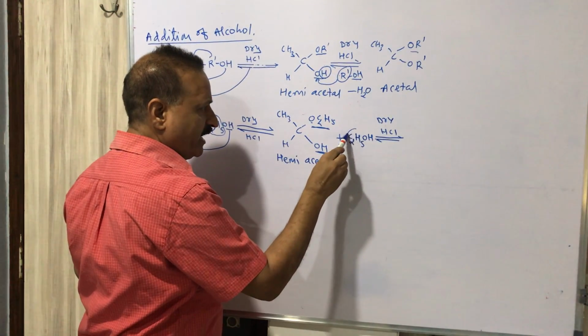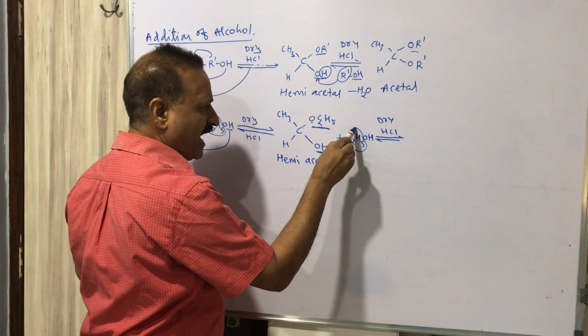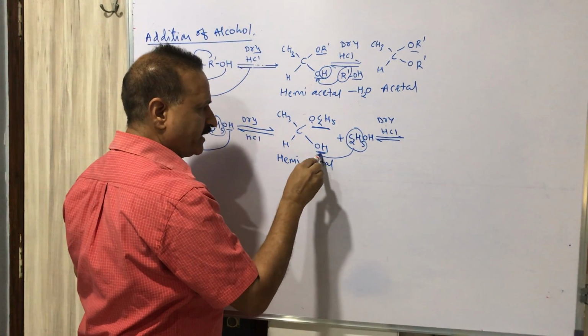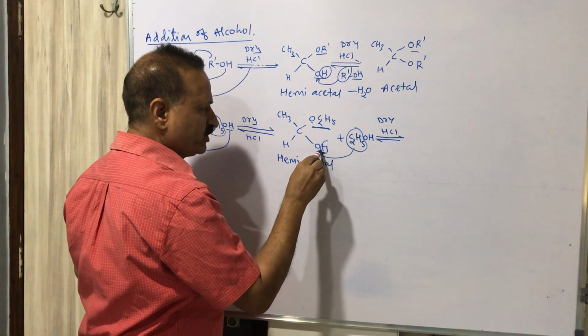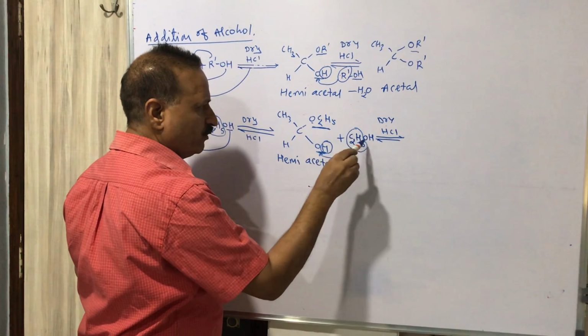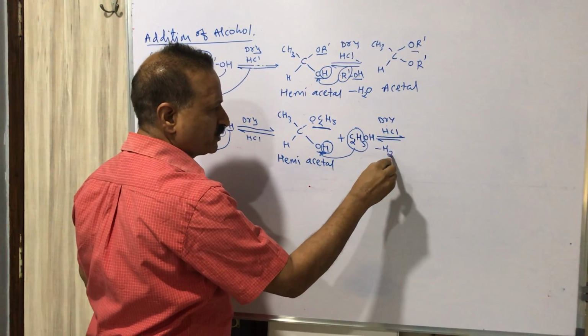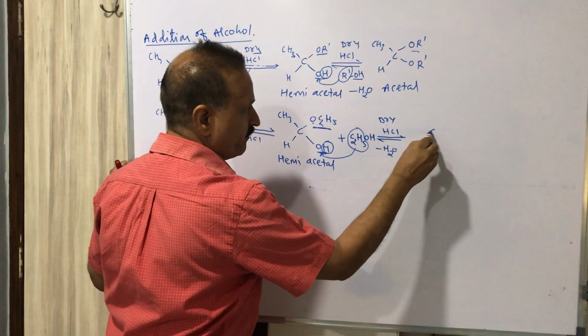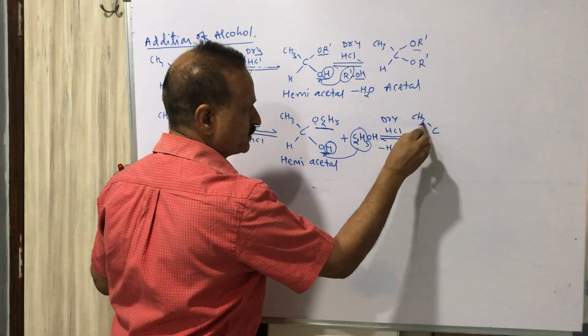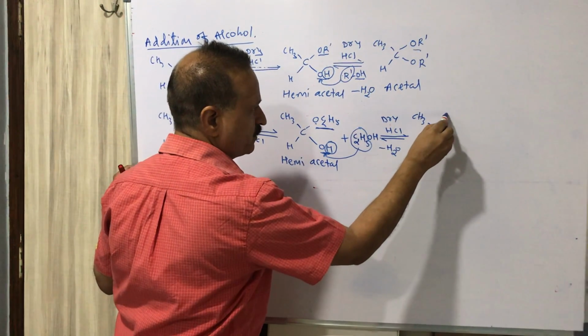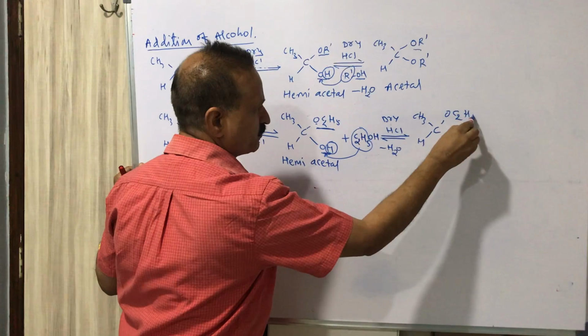We add the alkyl R, which attaches to O, and H is released from here and OH reacts with H. So we have minus H2O and we get the acetal product, CH3CH(OC2H5)2.